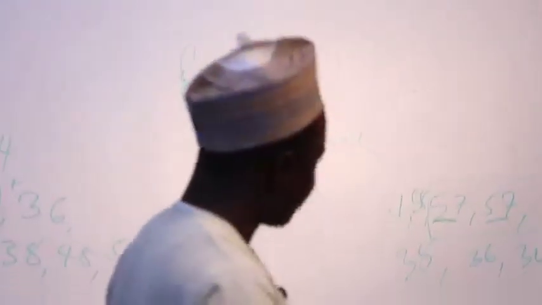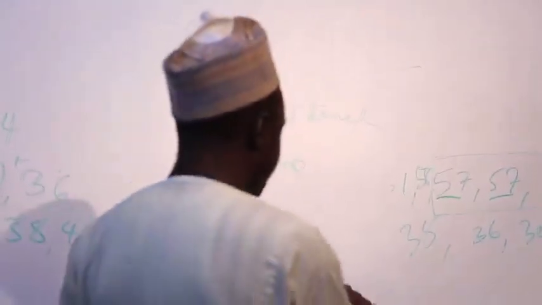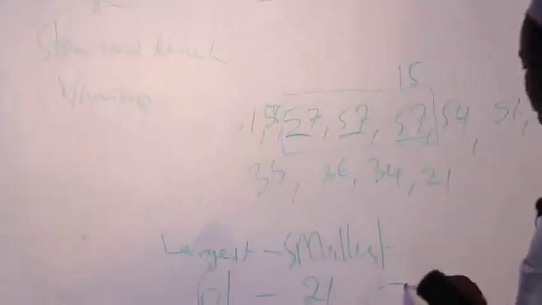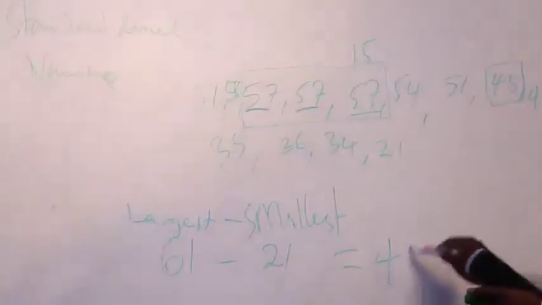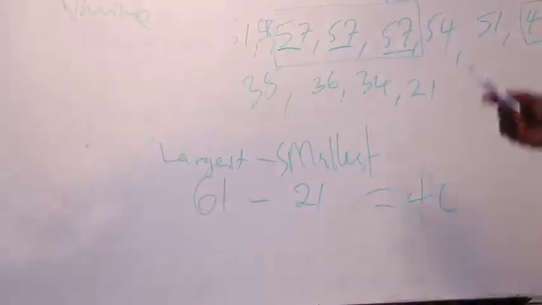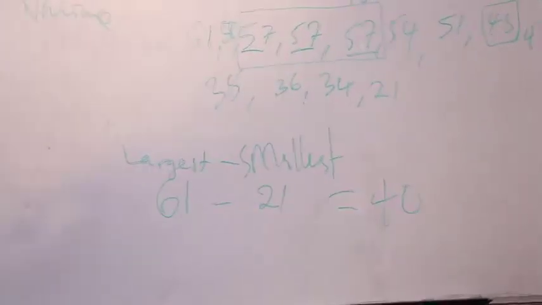Range is the simplest of them. It is the difference between the largest observation minus the smallest. So for instance, in this, the largest one is 61 minus 21, which will give us 40. So our range for this description of the marks of the student is 40.